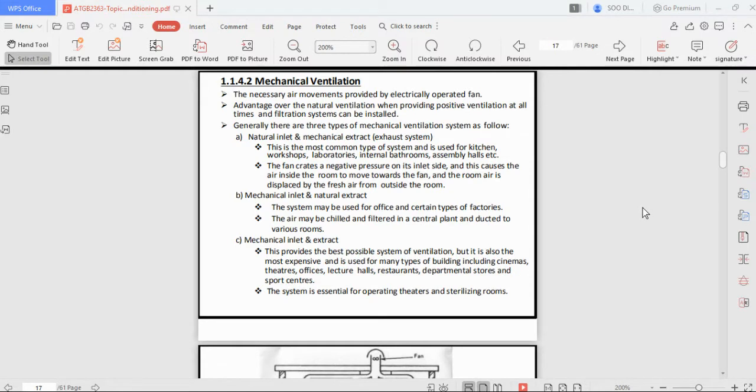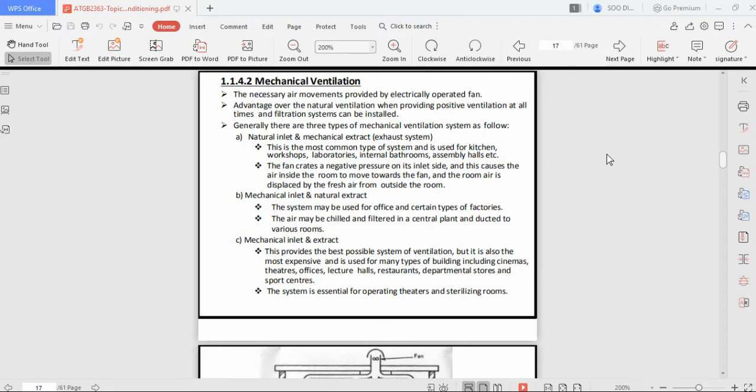There are generally a few types of mechanical ventilation system. You can either have a natural inlet and a mechanical extract, or a mechanical inlet and a natural extract, or a mechanical inlet and extract for both.